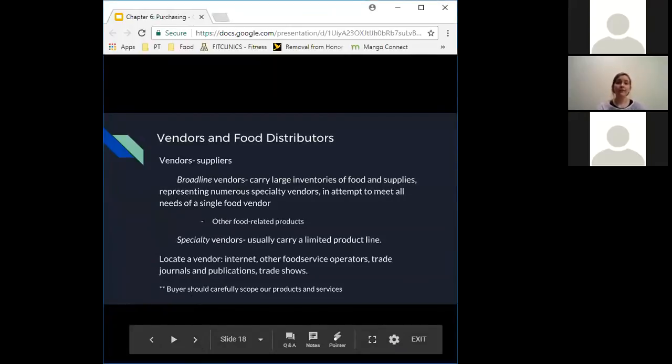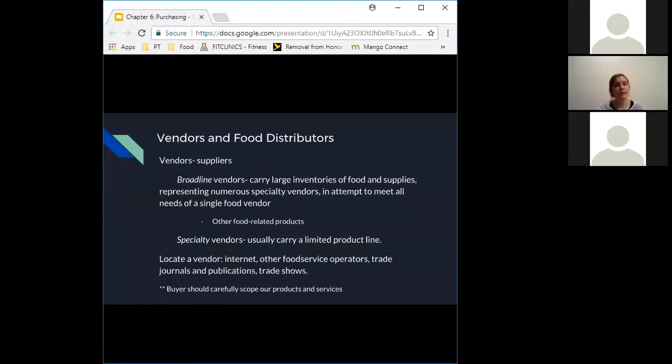Vendors and food distributors. Vendors are suppliers. The two most common categories of vendors in food service are broadline and specialty vendors. A specialty vendor usually carries a limited product line. An example may be a specialty vendor who only carries meat or only carries fresh produce. Broadline vendors carry large inventories and attempt to meet all the needs of a single buyer.